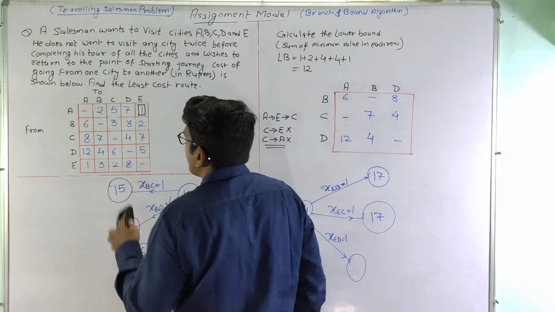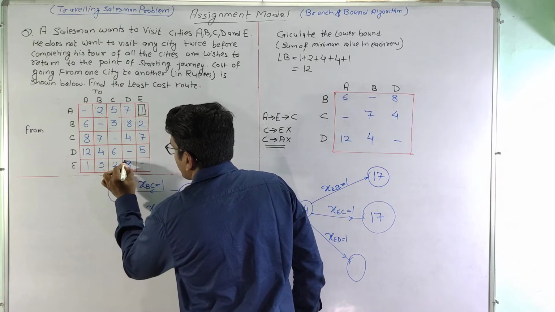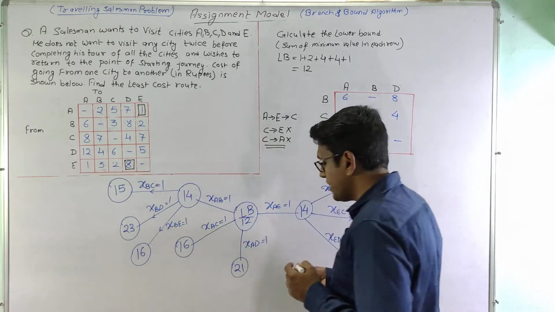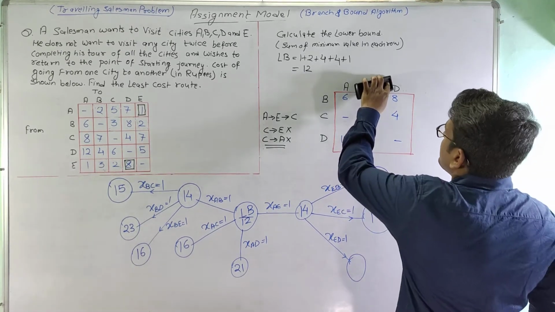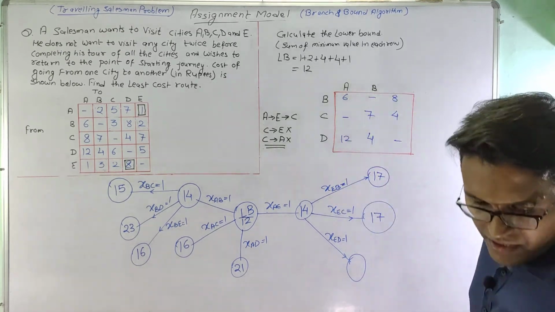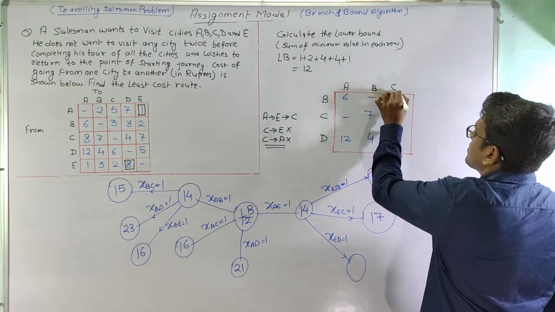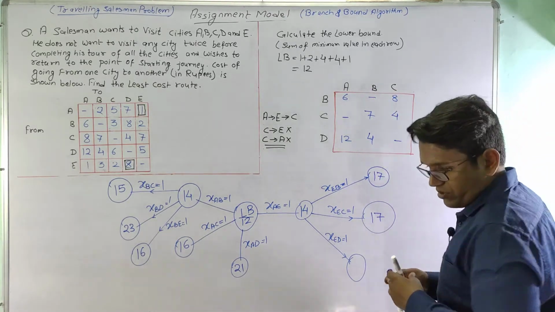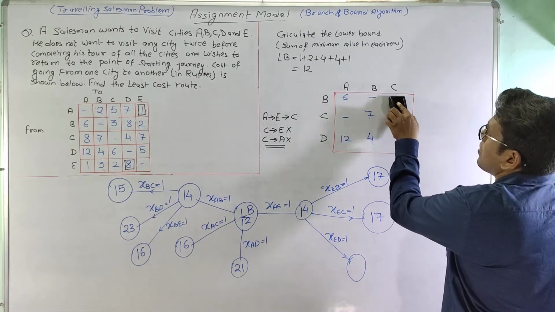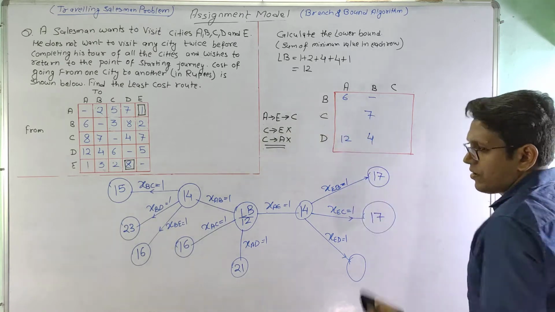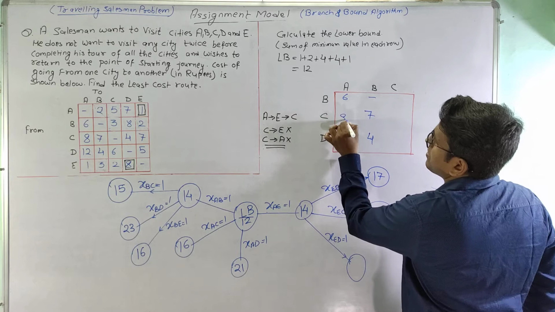the value E D. So if we assign this particular cell E D, then what will happen? Our matrix will be reduced to B, C, D and A, B and C. So the value C to A is 8.